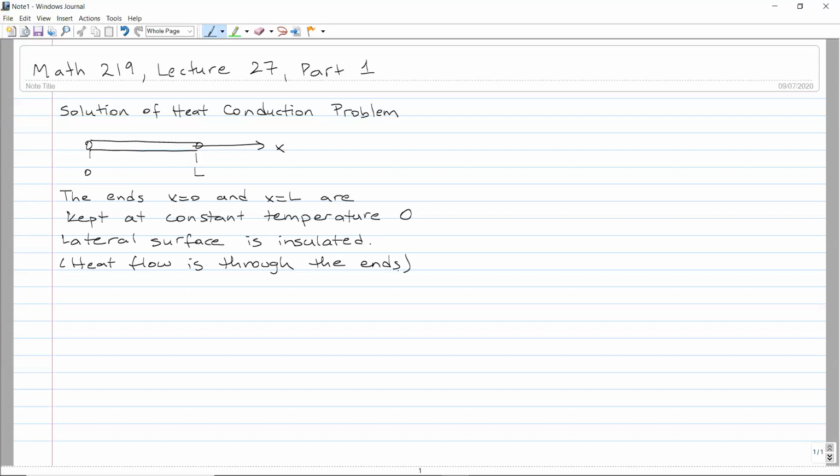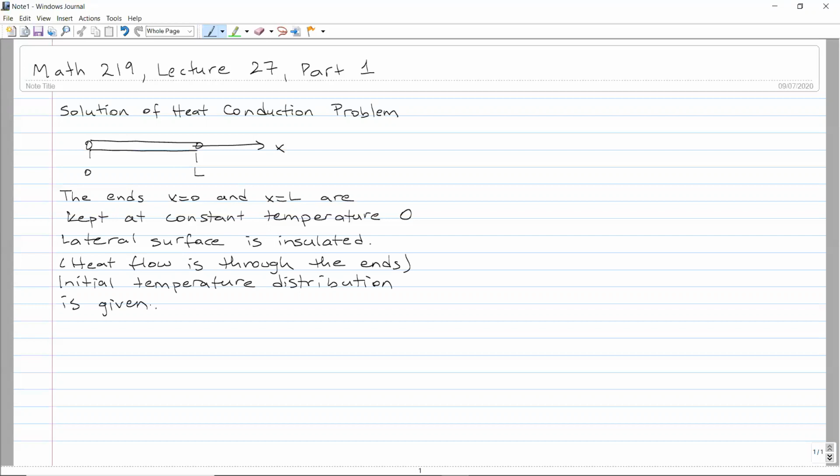So under these conditions, we have the initial condition, the initial temperature distribution is known. Is given.